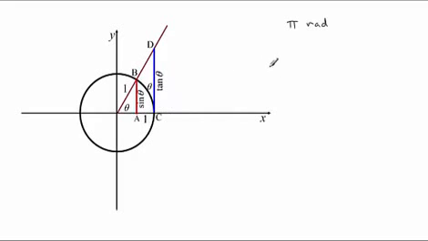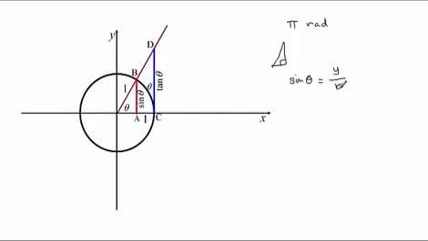Remember that in right-angle trigonometry, we define sine of an angle as the opposite over the hypotenuse. In this case, the hypotenuse is the radius of this circle, so we can also take it as y over r, where y is the coordinate of this point, the length of the red segment.